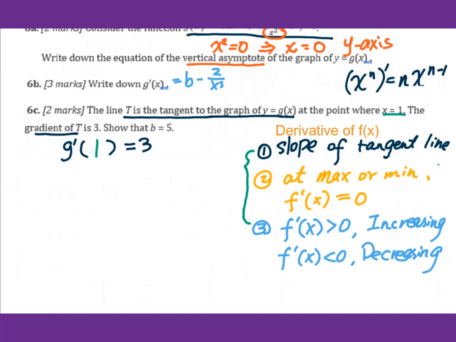You need to plug 1 into this derivative function. You will get b minus 2 over 1 to the third power equals 3. So we have b minus 2 equals 3. Therefore, b equals 5. That's how to show that b equals 5.